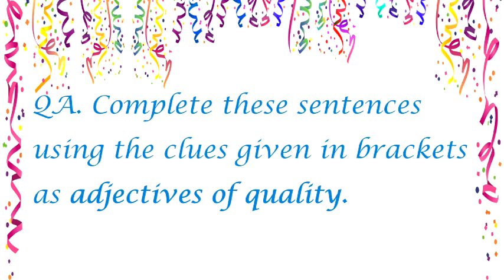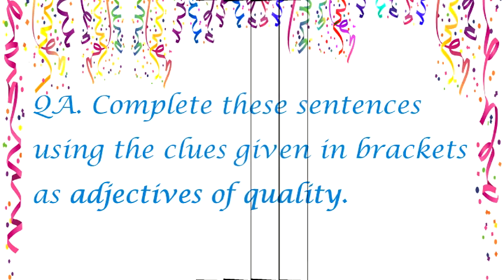Such words come to the category of adjectives of quality. Alright? Now clues means hints. So you will get some statements and you will have to fill in adjectives of quality.